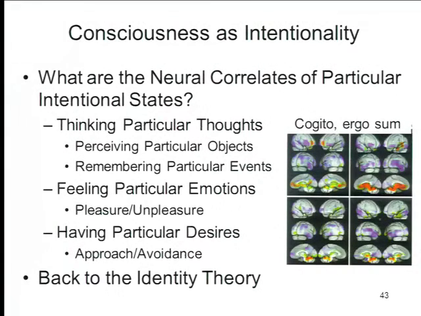This work, in fact, is from Hanna Damasio, and what she did simply, a long time ago now, was record PET images of brain activity when subjects were asked to perceive particular objects presented in a visual modality. And what you see here is a lot of activity in the posterior portion of the cortex. And then on another set of trials, she asked them to remember particular events. Remember your first date or your first kiss or something like that.